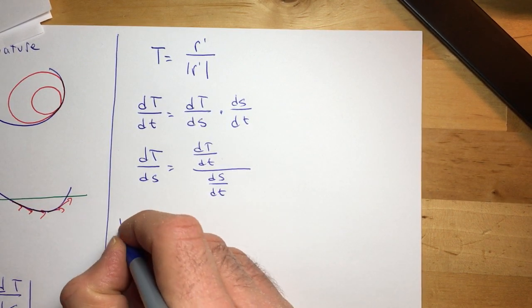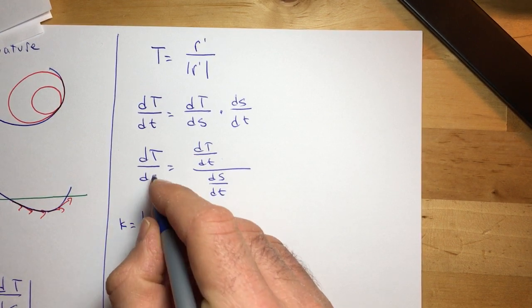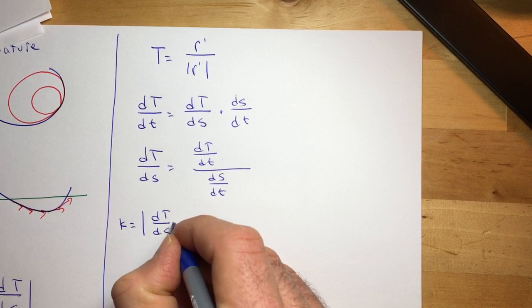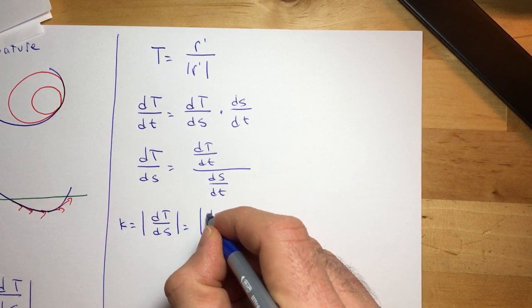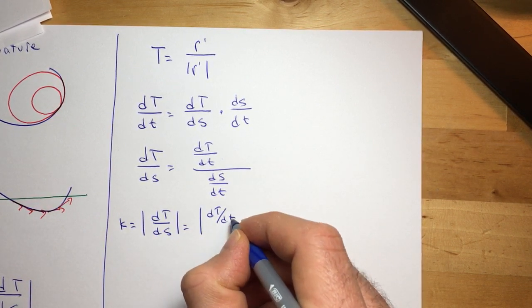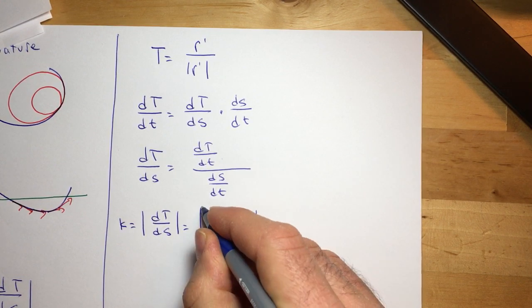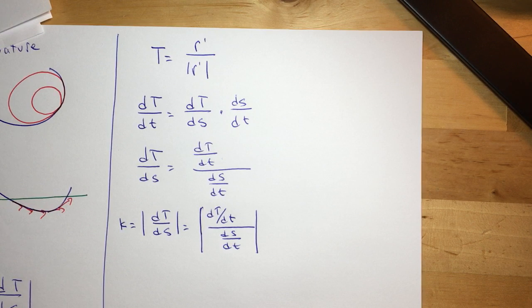Okay, now we said that the curvature is the magnitude of dT/ds, which is the magnitude of dT/dt over ds/dt. Now let's stop here for a second and remind ourselves again that we proved that ds/dt is equal to the magnitude of r prime.